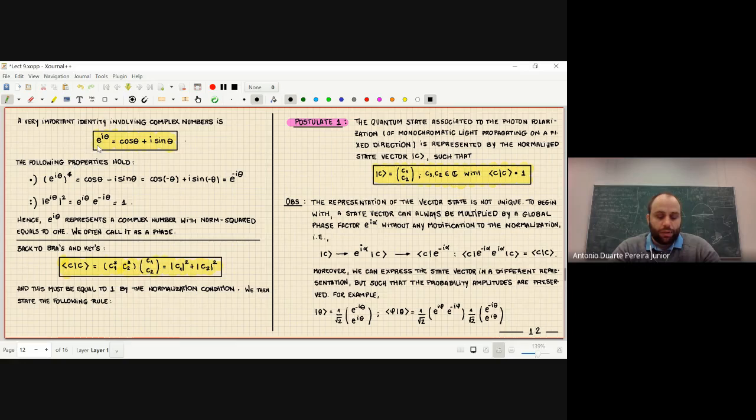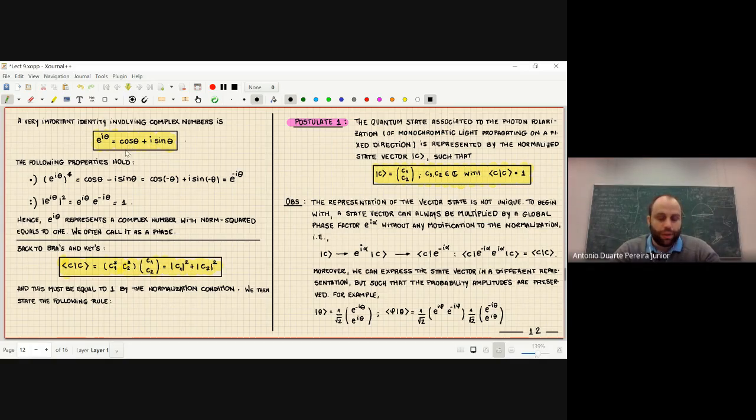This representation of a complex number as a cosine of an angle plus i sine of an angle, and then being equal to an exponential, has very nice properties. Namely, if I ask you what is the complex conjugate of this number, e to the i theta, you just use the identity, and you take the real part of the number and repeat it.